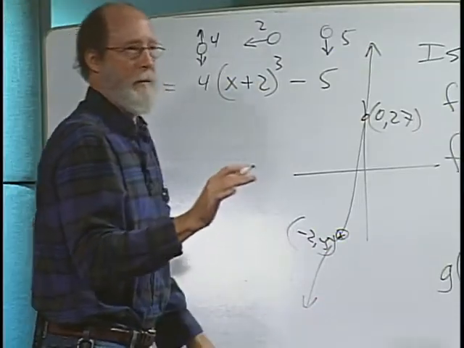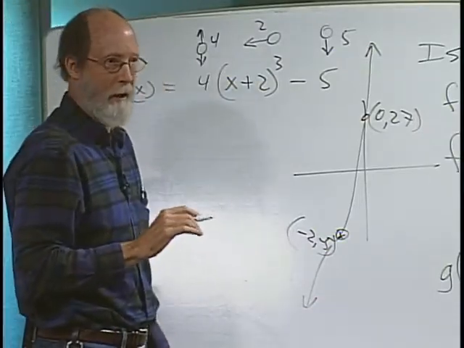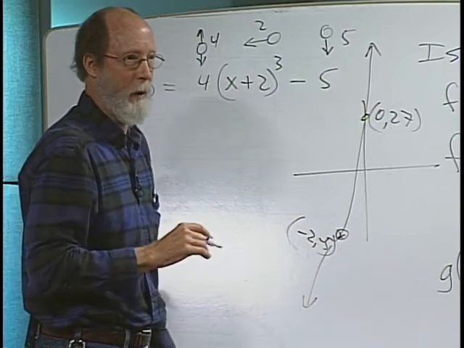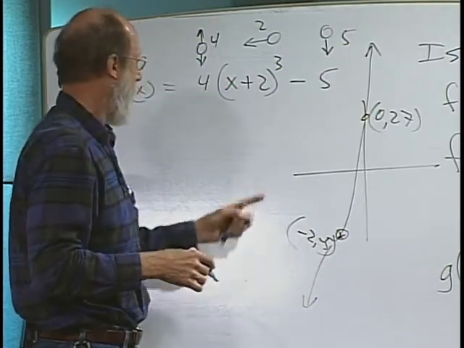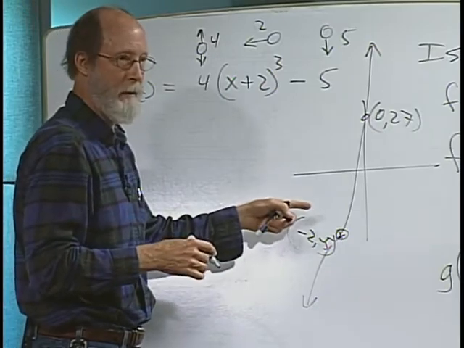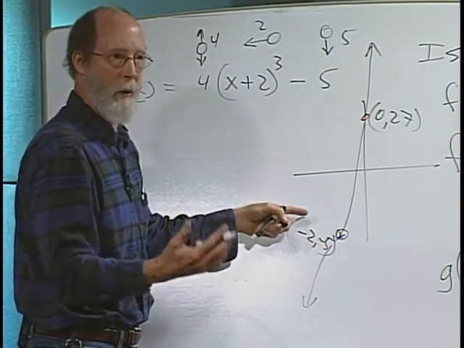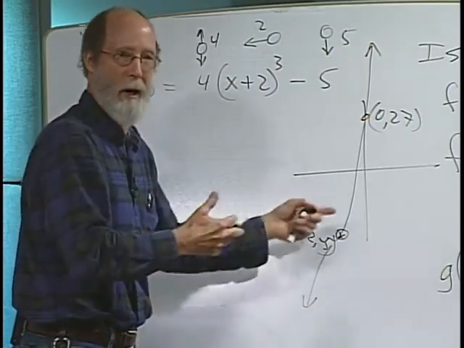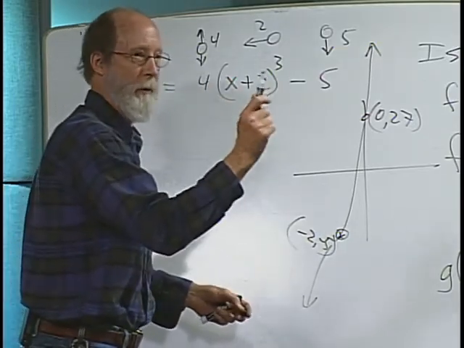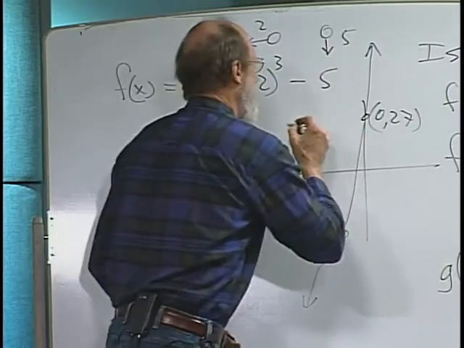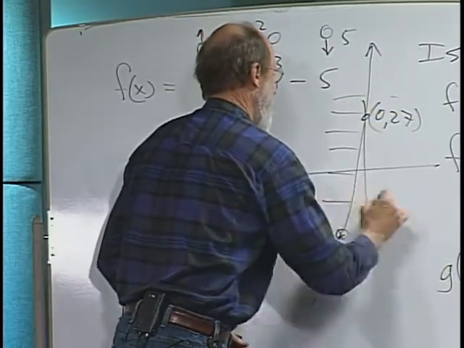Here's some weird vocabulary for you, a phrase that I have never understood why they invented it a couple hundred years ago. They call this thing one-to-one. One-to-one what? One what to one what? That doesn't make much sense to me. If you ever hear one-to-one in a math course, what it means is something passes a horizontal line test.